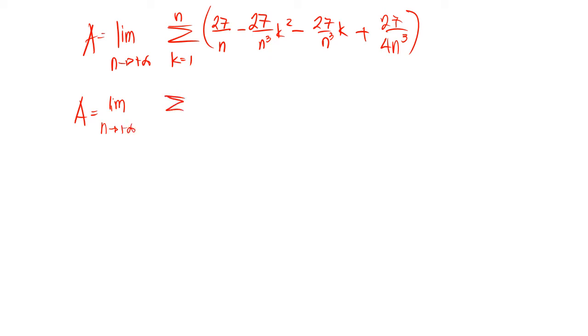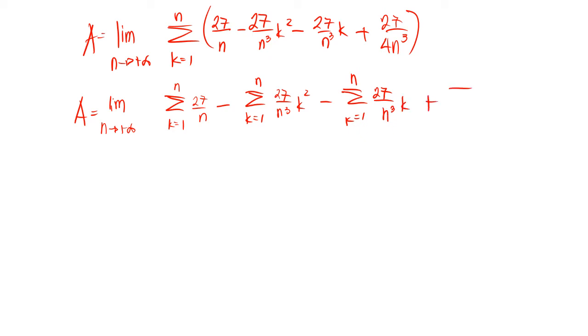So, tig-isa na ngayon sila ng summation: summation of 27 all over n, minus summation of 27 all over n cubed k squared, minus summation ng k equals 1 to n 27 all over n cubed k, plus summation ng 27 all over 4n cubed.